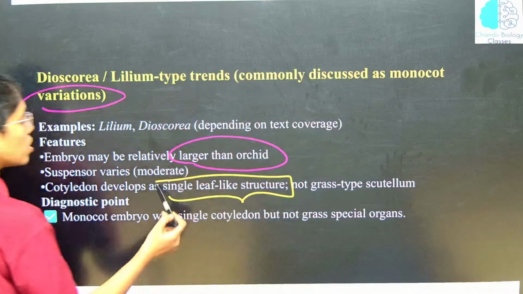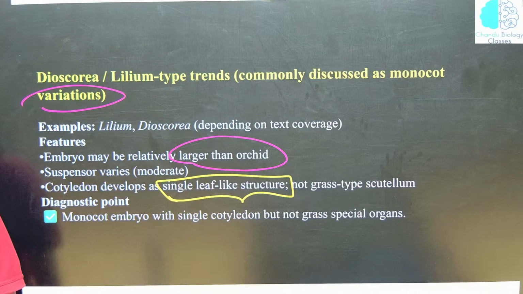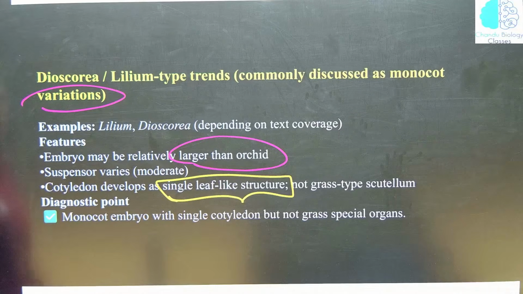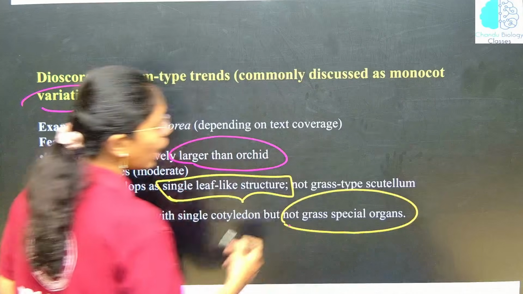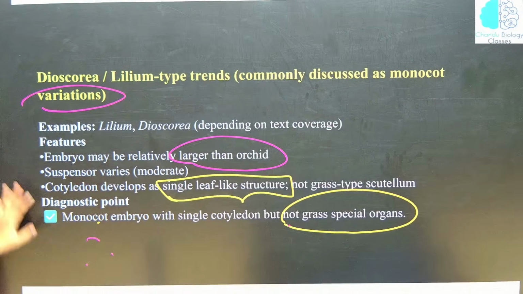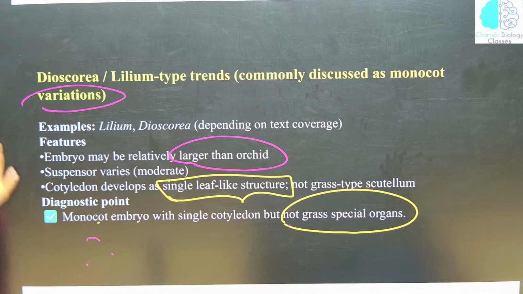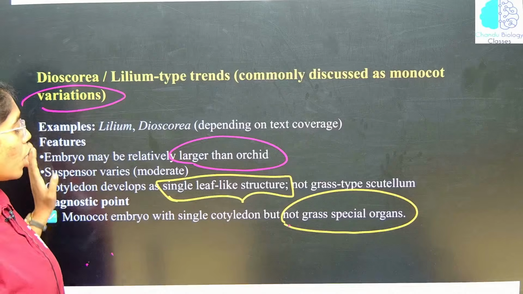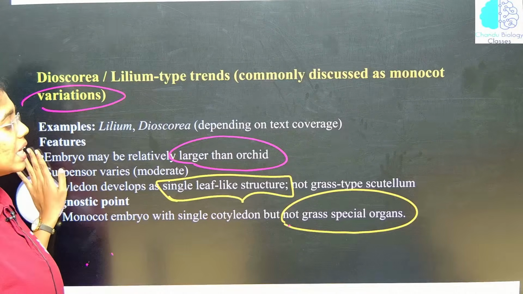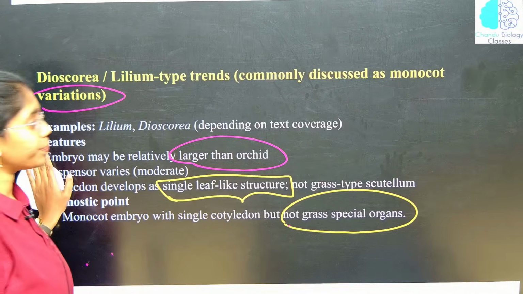This is the characteristic feature. Monocot embryo with a single cotyledon, but special organs like those in grass embryogeny are not present, and the key feature to be highlighted here is that the cotyledon is a single leaf-like structure.